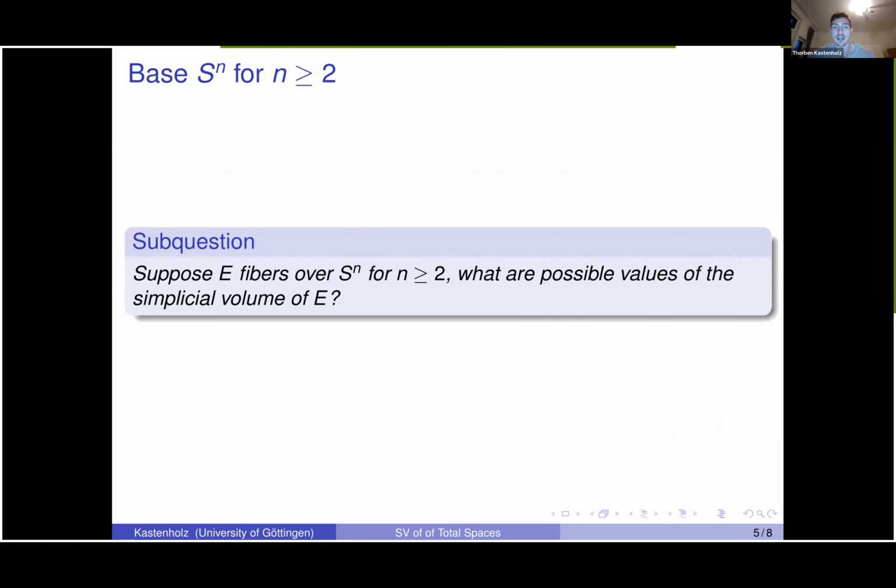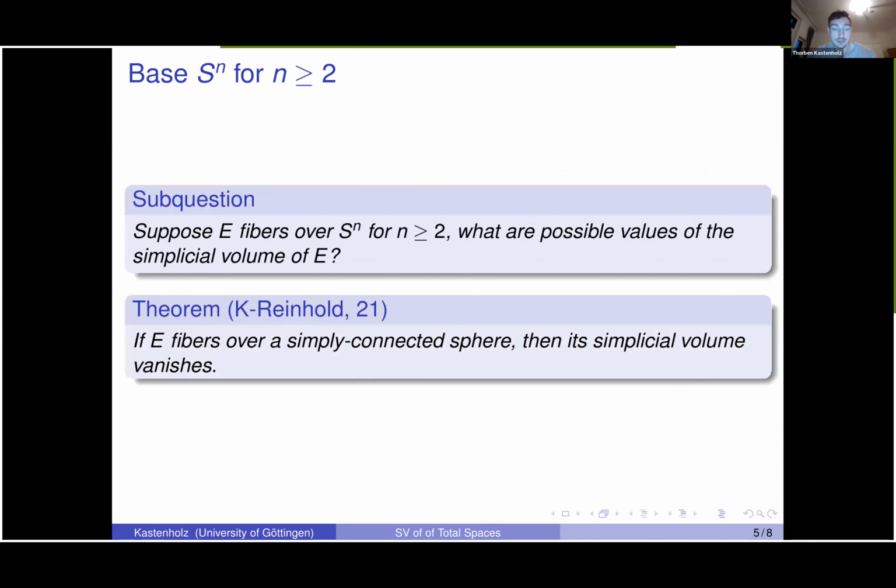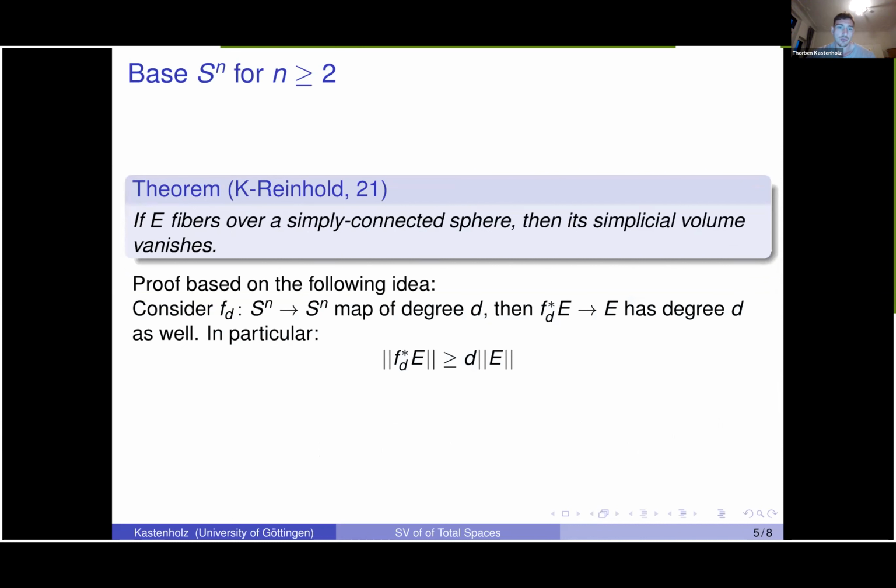So then the question Jens and I asked afterwards was quite obvious. What happens if we look at the case where the base Sn is now simply connected? And in that case, we get that the simplicial volume always vanishes. And the proof is based on the following idea, where we consider the degree D self-map from the sphere to itself.